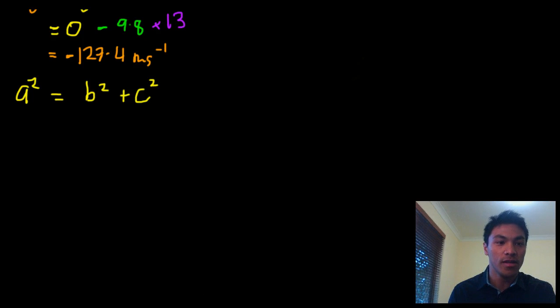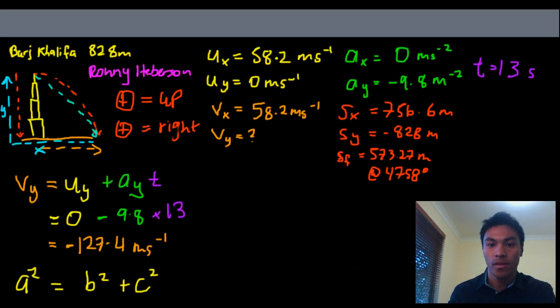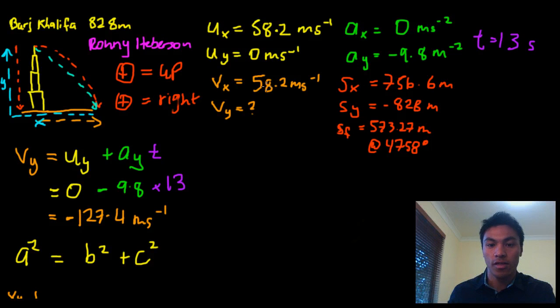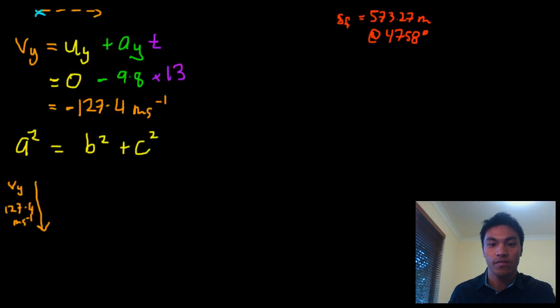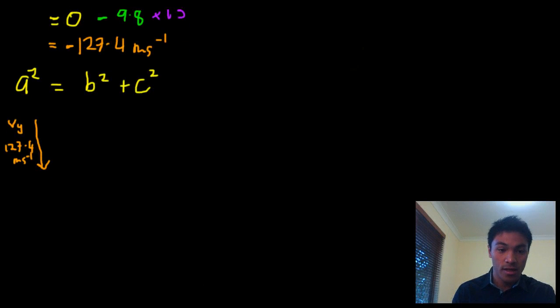So we know that the vertical velocity is going to be 127.4 meters per second. And we know from up top that our final velocity in the x direction is 58.2, because remember, there's no acceleration.